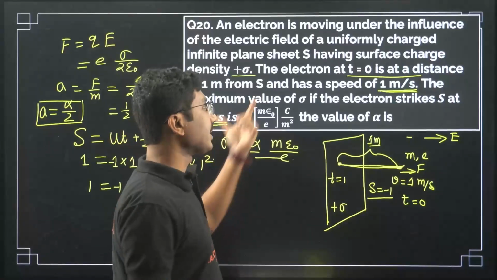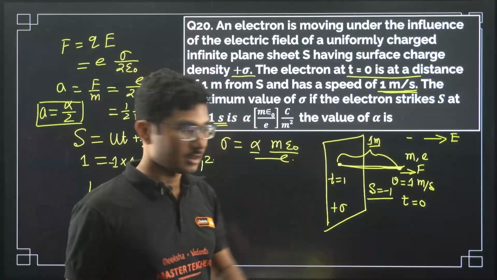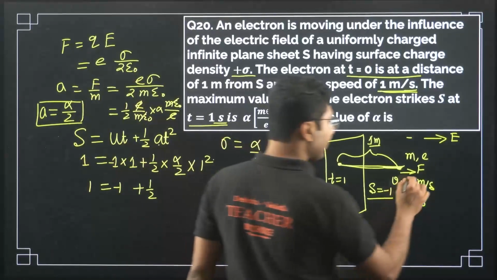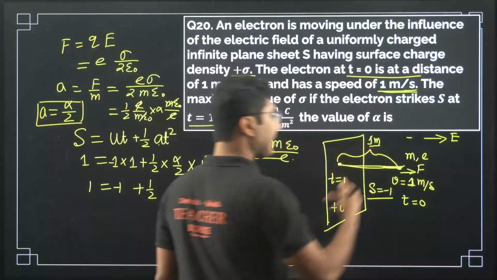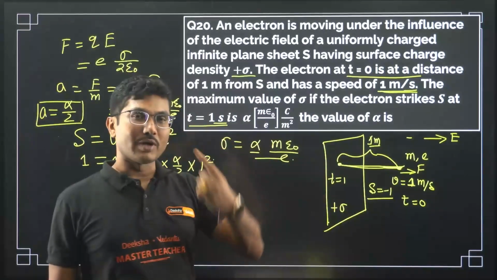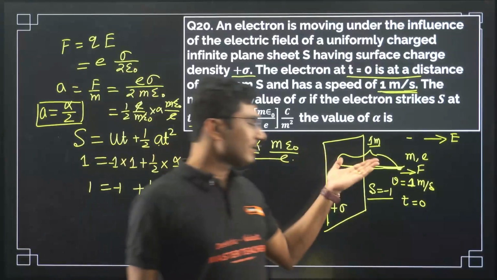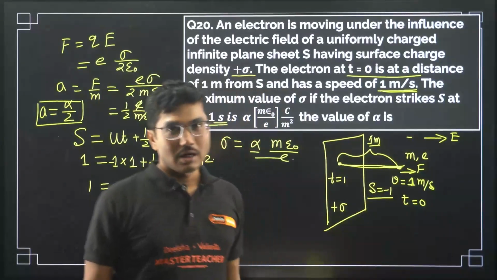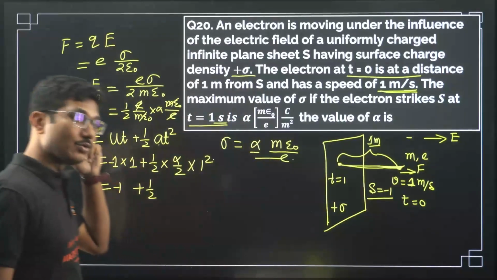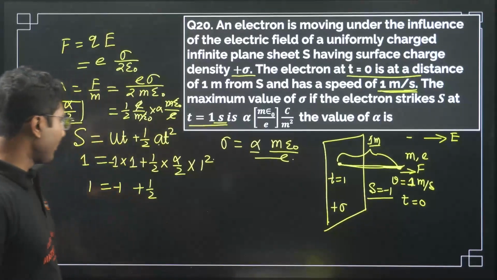So if this question comes as it is, it is an incomplete question and you will be given a bonus mark. Okay, but because we are slightly smarter and we realize that if it is moving in the direction of sheet, it would have anyway reached the sheet in 1 second. So in that case, what we can say is that the electron was moving away from the sheet, and because of the electric field it gets attracted towards the sheet, and that's how it is hitting the sheet, right?